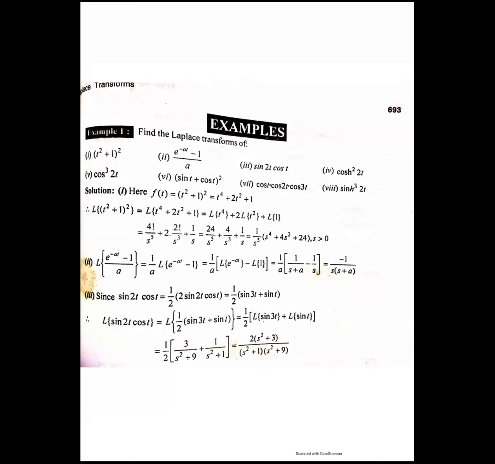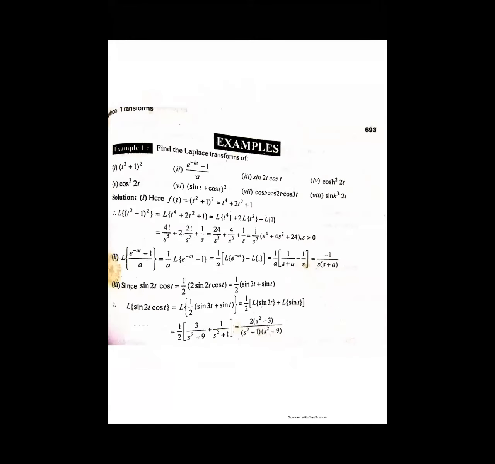I'm sharing the document. Observe that in the examples, the first problem, (t square plus 1) whole square, is solved, and e power minus at minus 1 by a is also simplified, sin 2t cos t, and cosh square 2t.